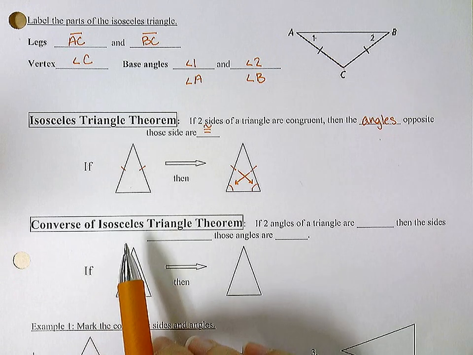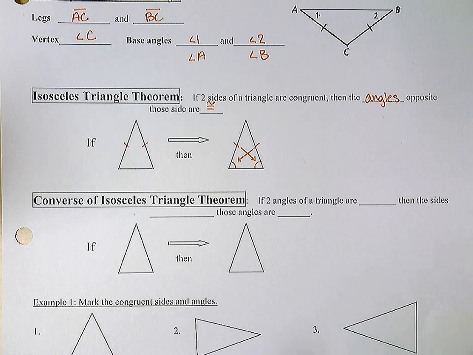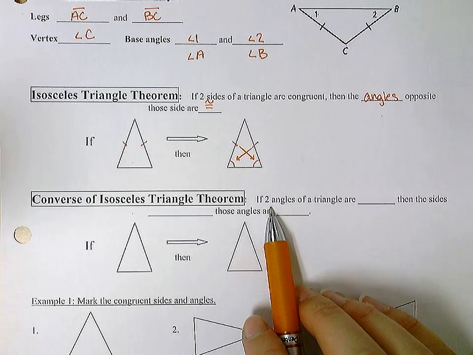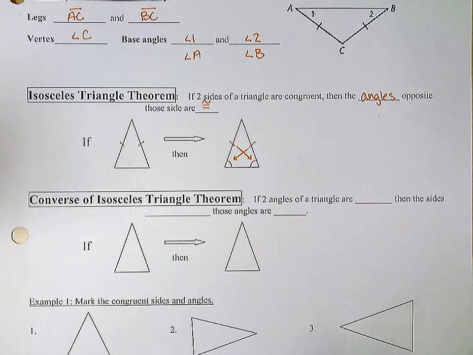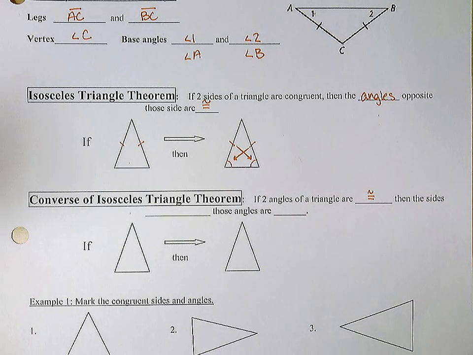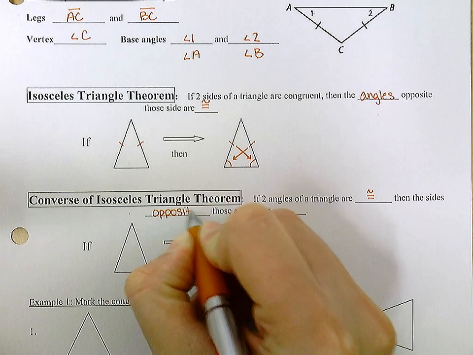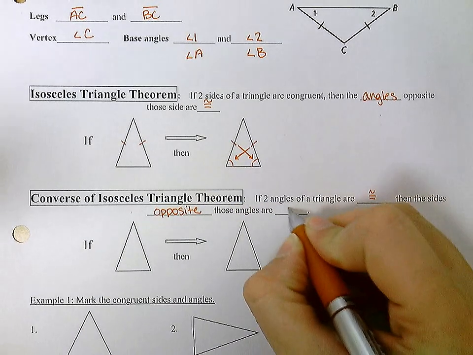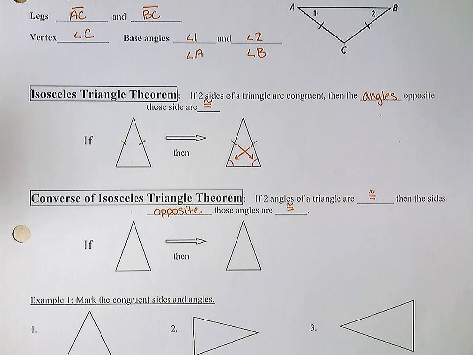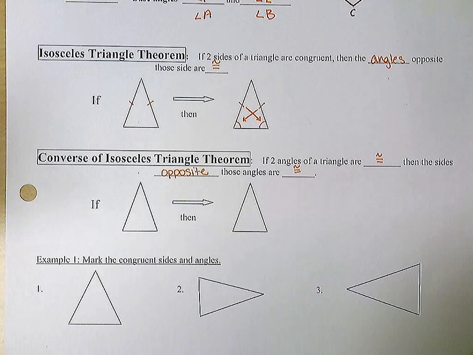Now we can also take the converse of that. So that's the backwards statement. That says if two angles of a triangle are congruent, then the sides opposite those angles are also congruent. So this time, you're starting with the angles.